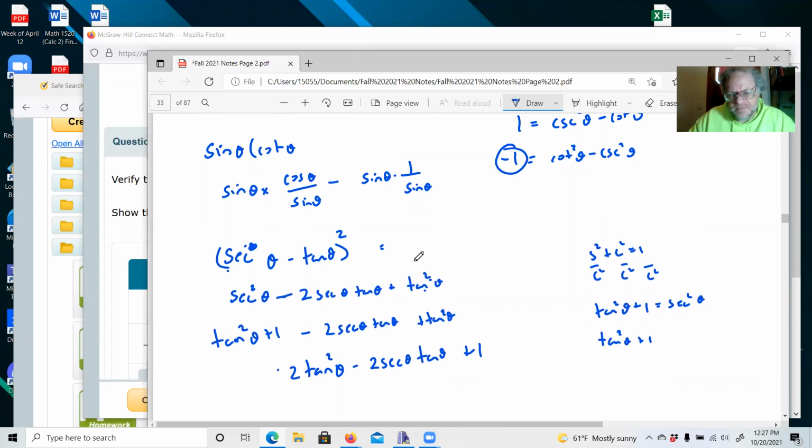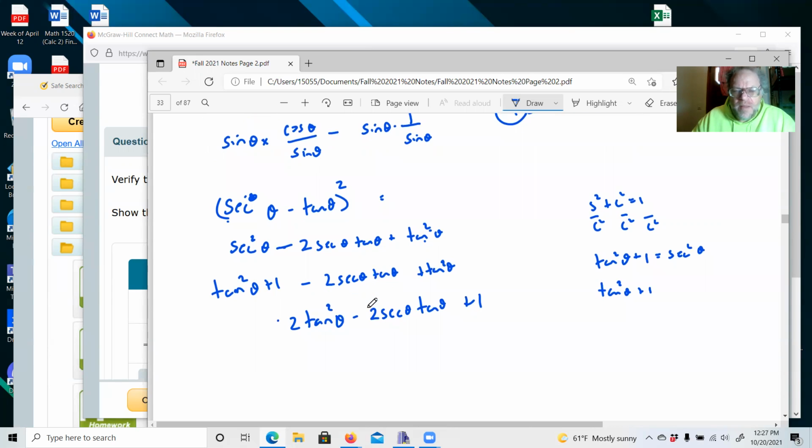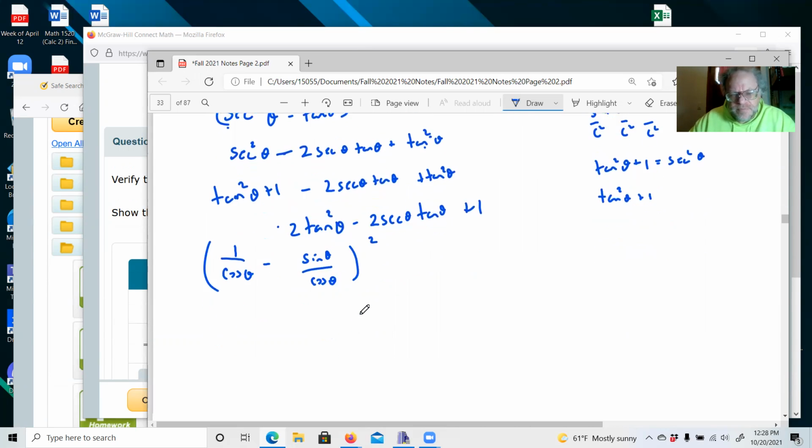Let's see here. I mean, I guess we could do something like this. We have 1 over cosine theta minus sine theta over cosine theta squared. Okay.